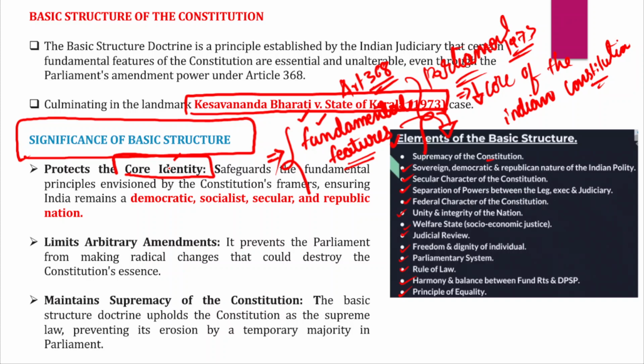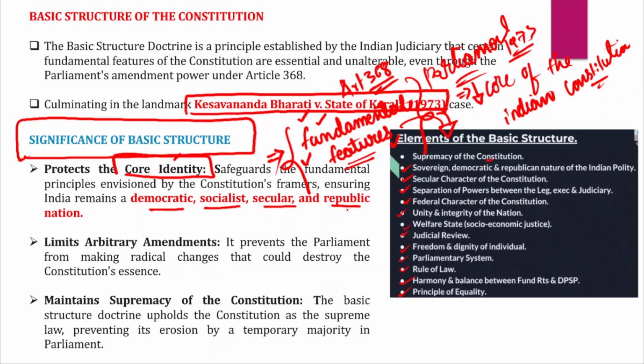In fact, the constitutional framers have included certain core principles in the Indian Constitution. If you amend those core principles, it would destroy the Indian Constitution. Those core principles are like the democratic nature of the Indian polity, and a socialist, secular and republic nation.